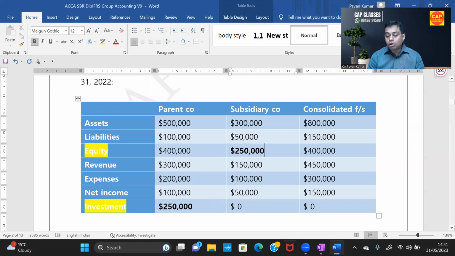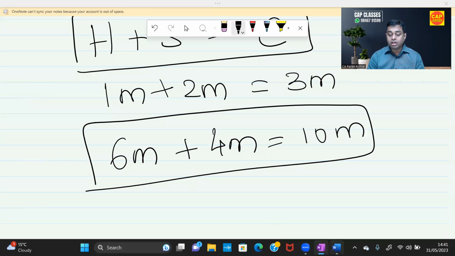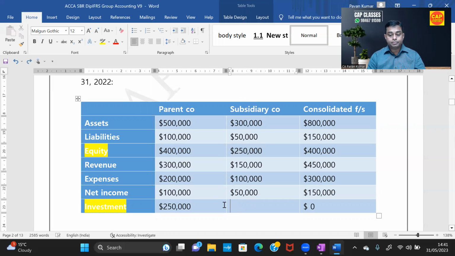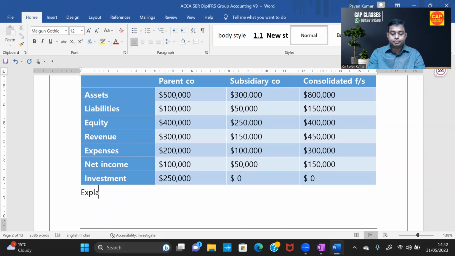You understand? So what we are doing here, if you look at it, explanation. Parent company invested $250,000 in the ordinary shares of subsidiary company.